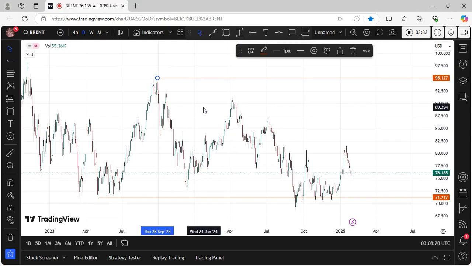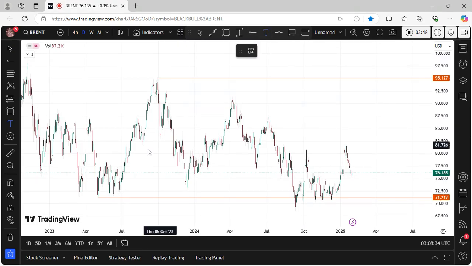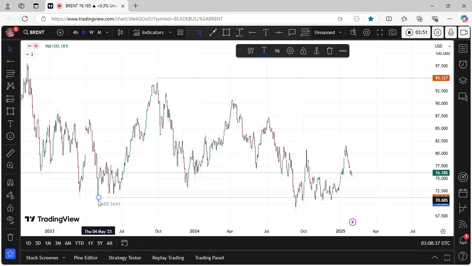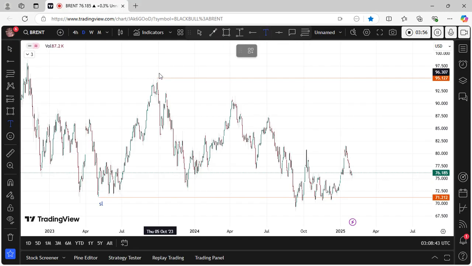So using your Wyckoff schematic trading method, this is your selling climax. I'm going to represent this as SC, and this is your automatic rally. That's AR.